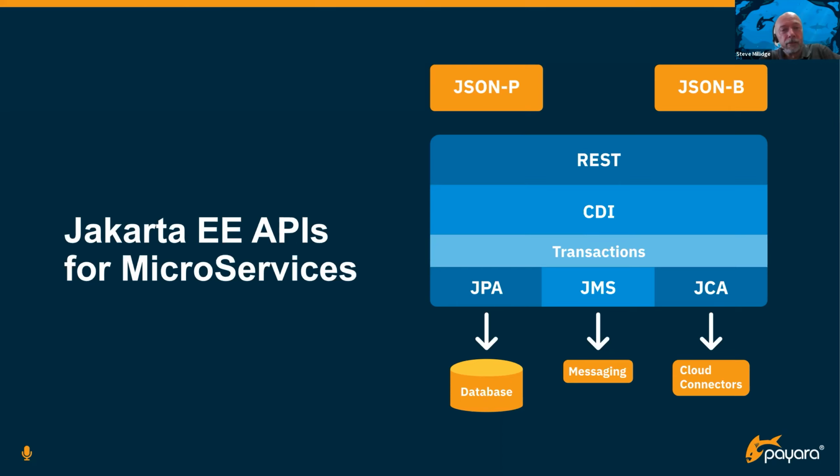We have REST as a standard API, and obviously any one of our runtimes will support Jakarta REST. People are using JPA, whether they call it through Hibernate or use JPA directly. JPA is a foundational Jakarta EE API. Any messaging can come through JMS or connectors, and in Payara, we have connectors to many different messaging systems.